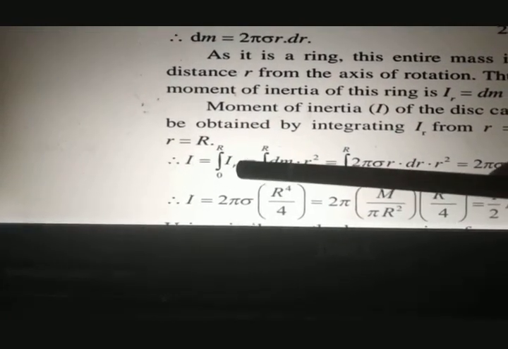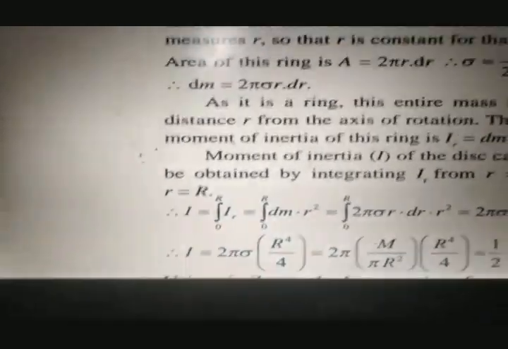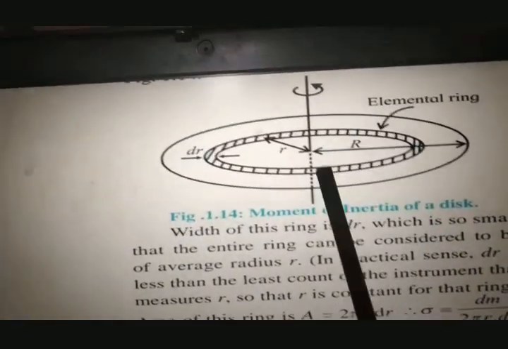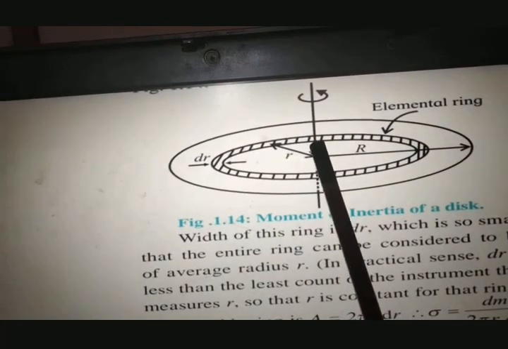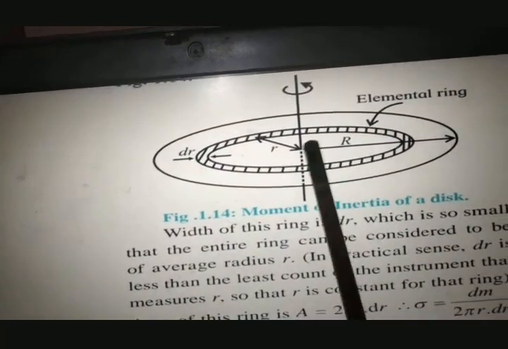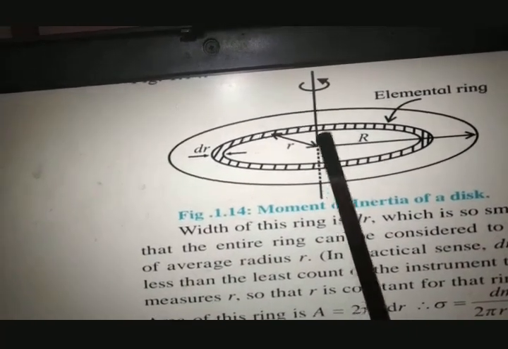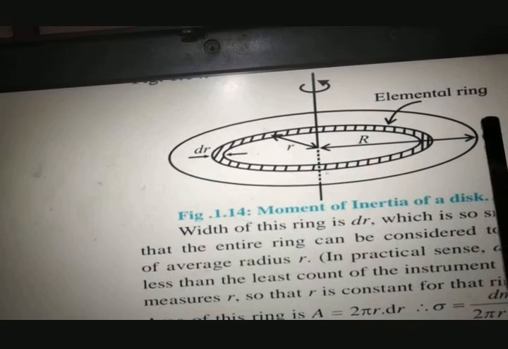But now you have to consider the limits. The concentric circles start from the center, and one by one these circles increase in radius. So the limit will be from 0 to the radius of the disc.